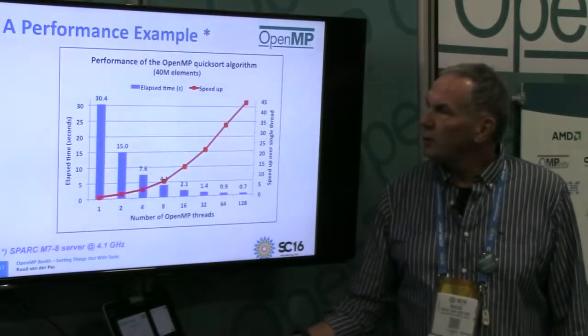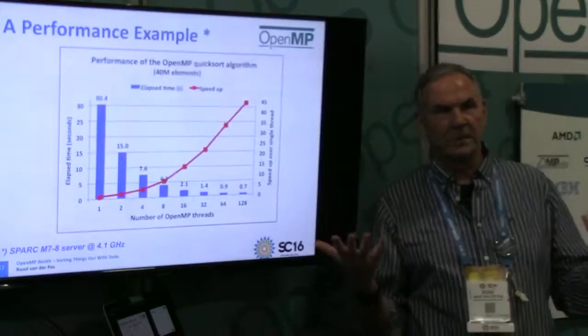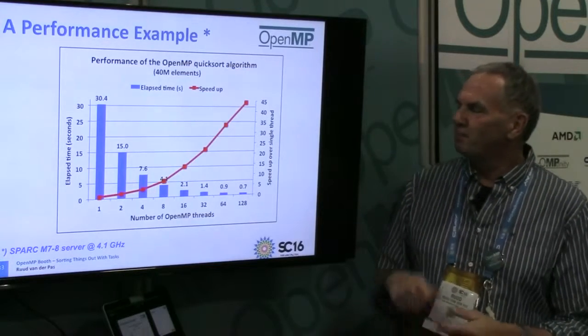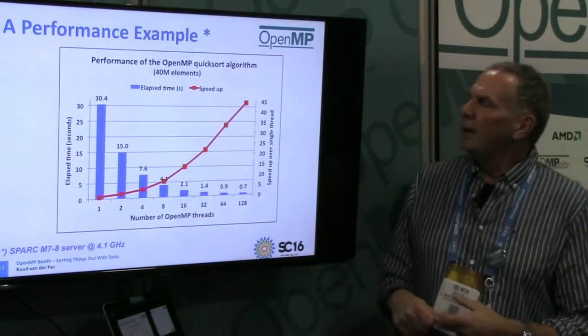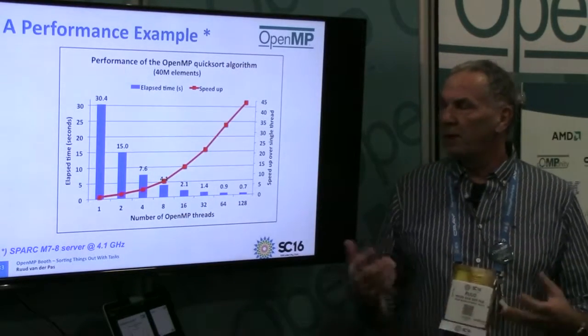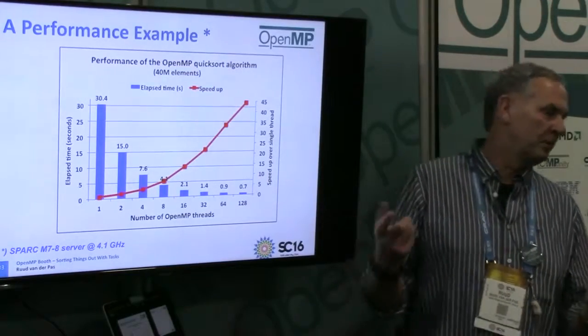Okay. So what I did, I ran this on a SPARC system. That's why I work in the SPARC processor organization. Excuse me. And that's just to give you a feel for that. This is a very naive implementation of Quicksort. I mean, there are much smarter implementations out there.